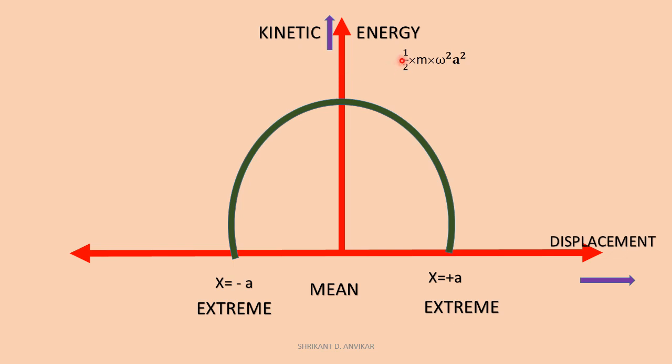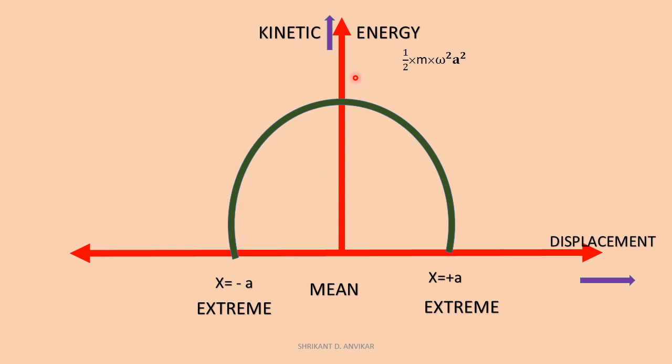That maximum value is equal to 1 by 2 m omega square A square. When the particle is at extreme position, we know velocity is 0, therefore kinetic energy is 0, and hence we get a point on the x-axis. Similarly, at the other extreme position also, kinetic energy is 0.